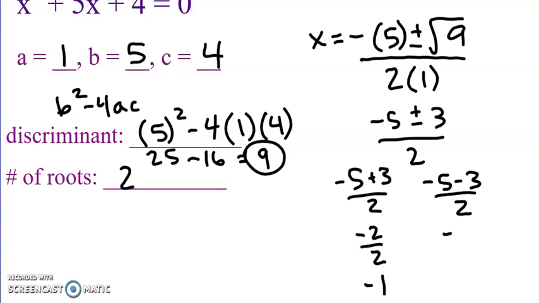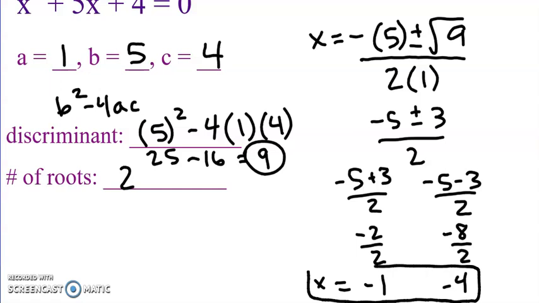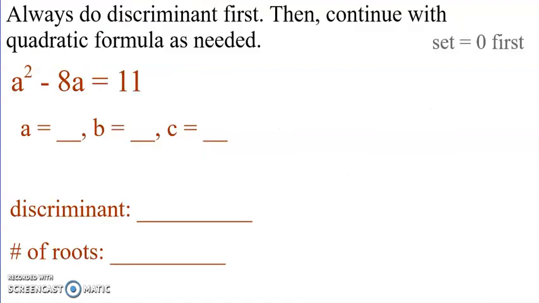The second one, we get negative 8 over 2, and that simplifies to negative 4. So x is equal to negative 1 and negative 4. Those are our two real roots. That's a nice one because we get integers for our answers, but we're not always going to be that lucky and be able to simplify our radical.